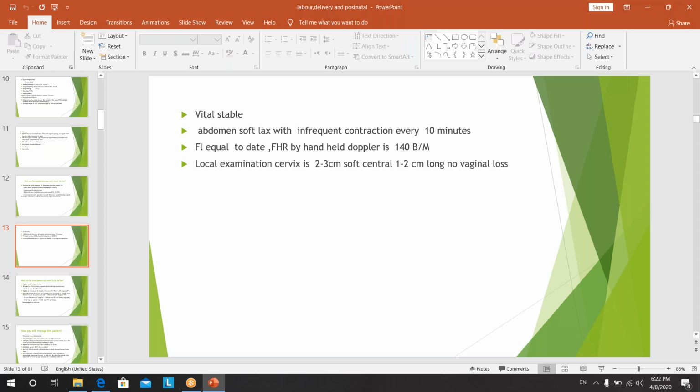Betamethasone 12 milligrams, and if anticipating the delivery within 12 hours, it may be repeated again after 12 hours. Anticipating the labor within 24 hours, I would like to consider magnesium sulfate for this.